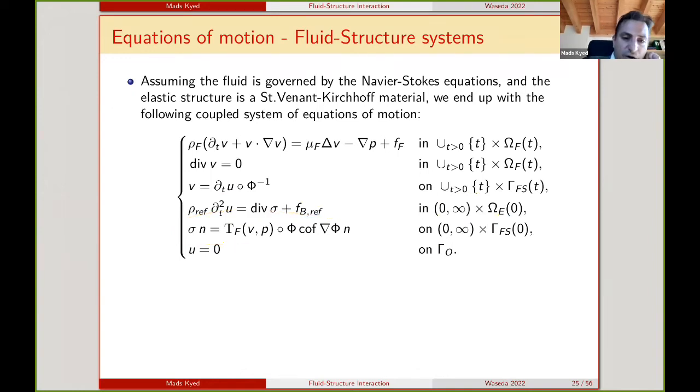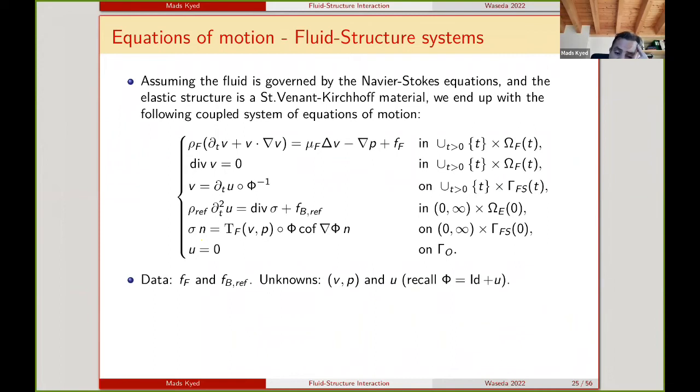Okay, and on the outer boundary where the elastic material is clamped to the outer wall, we have no deformation. The displacement is 0. We don't have any displacement of the points there. Okay, so that's basically our fluid structure system, 3D elasticity coupled with Navier-Stokes equations.